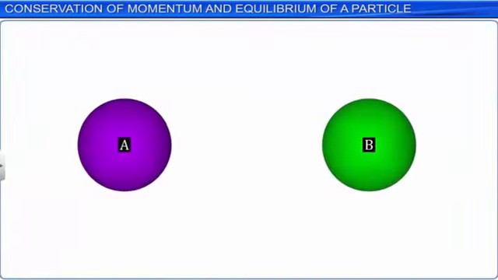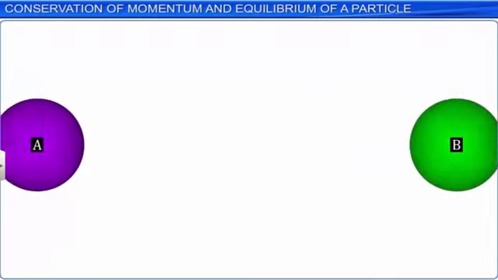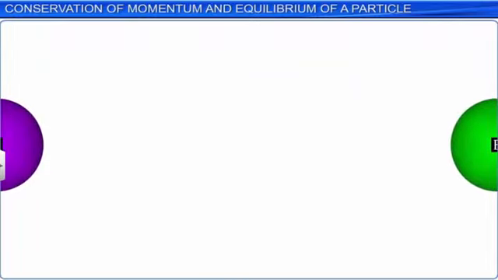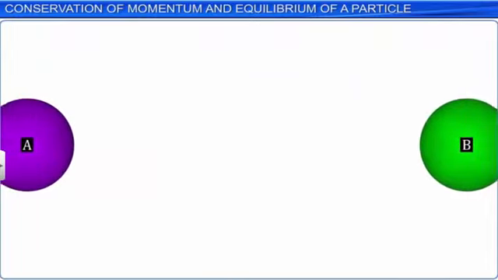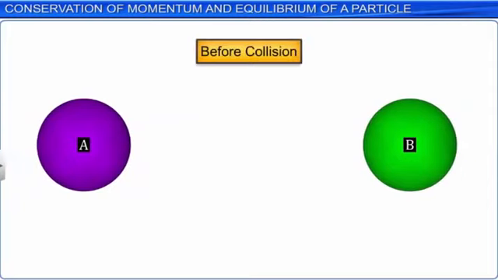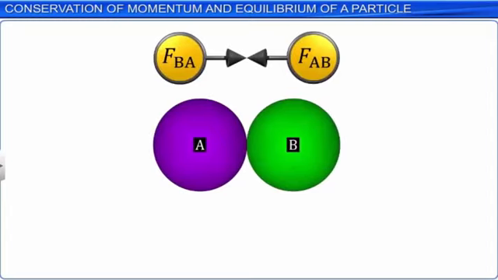Let us apply this law to the direct collision between two bodies. Let the initial momentum of A before collision be PA, and the initial momentum of B before collision be PB. When A and B collide, there are two forces created, one on each body, for the same interval of time delta t.